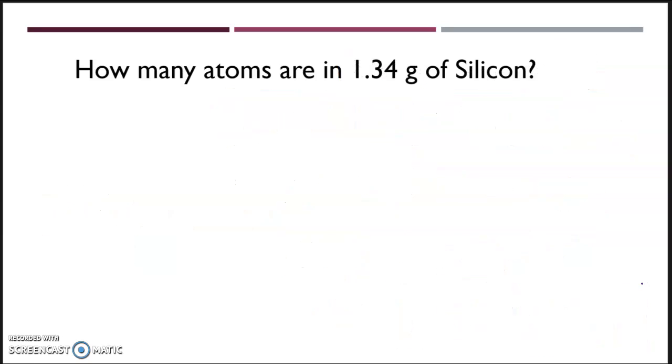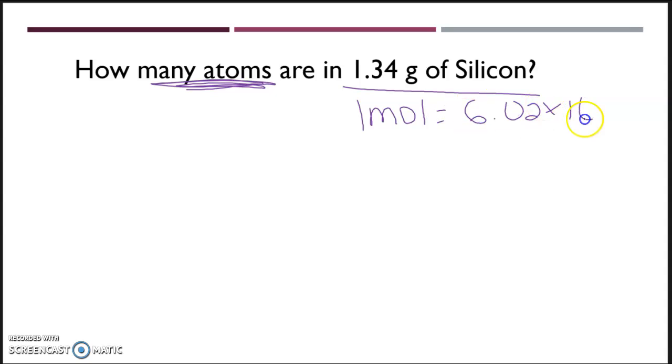And then our last problem. How many atoms are in 1.34 grams of silicone? And I'm going to find atoms, so let's write our conversions really fast. We just did on our last problem, 1 mole equals 6.02 times 10 to the 23 atoms.